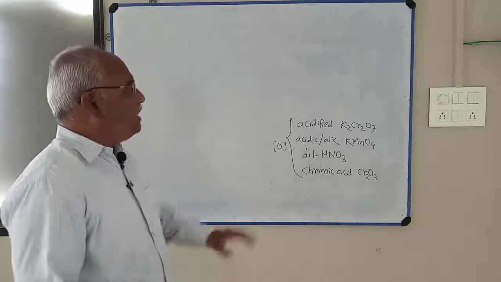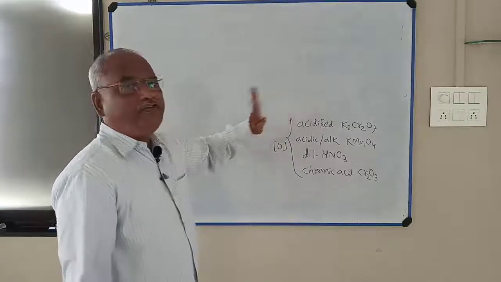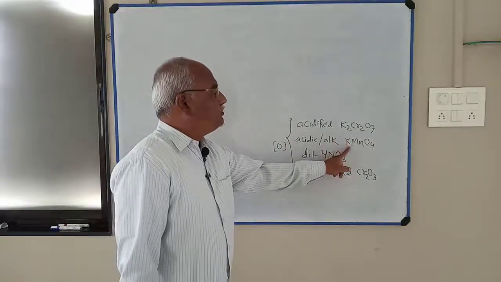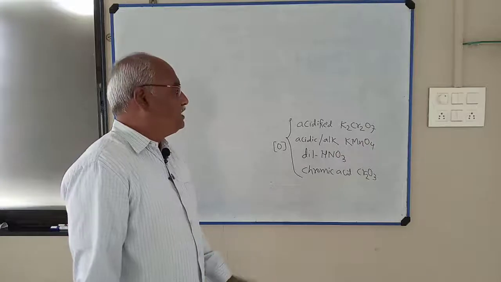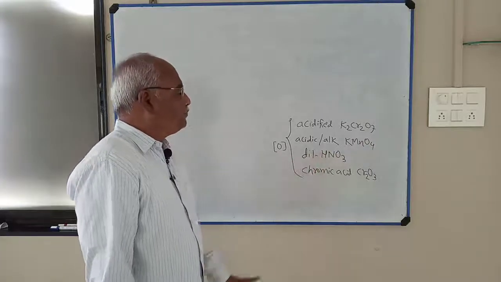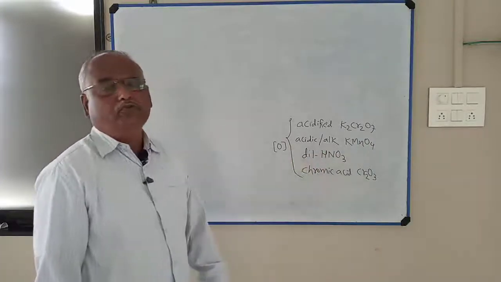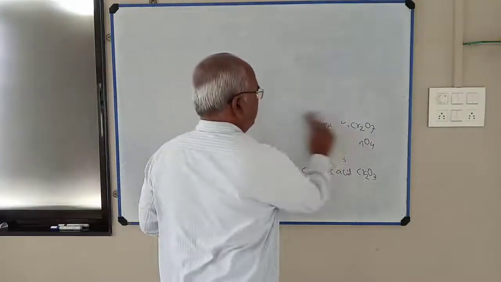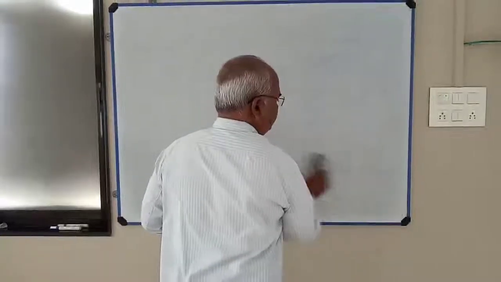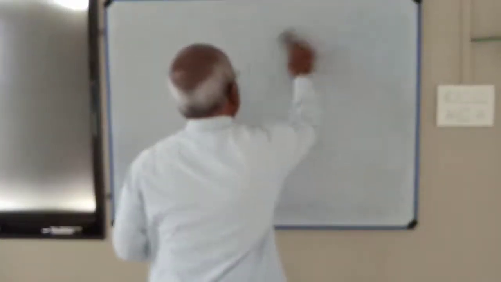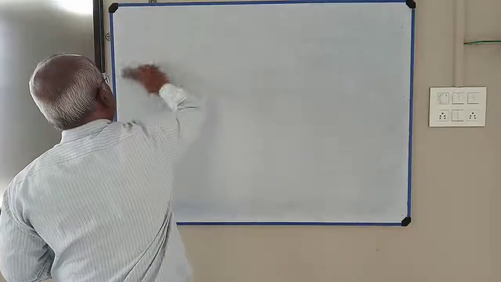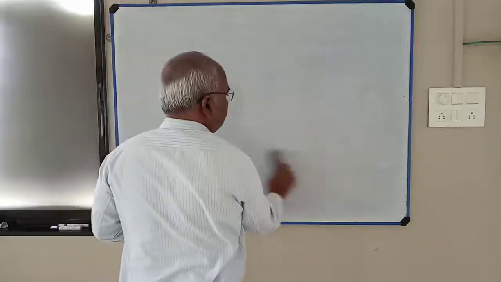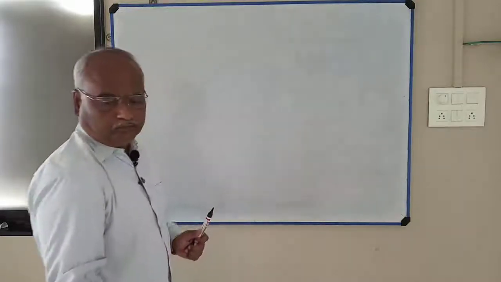So remember, acidified potassium dichromate, acidic or alkaline potassium permanganate, dilute nitric acid or chromic acid are used for oxidation of alkyl benzene. So the sixth method that I am going to explain is from alkyl benzene. In detail I am going to explain this reaction.